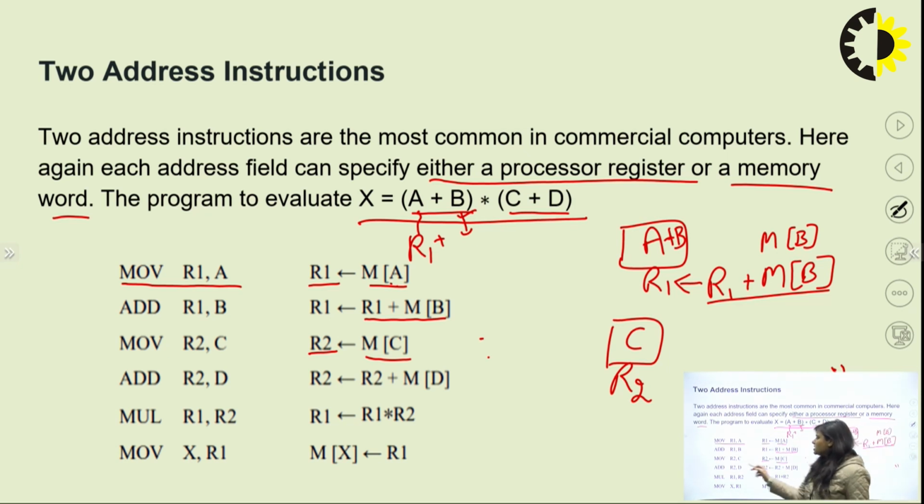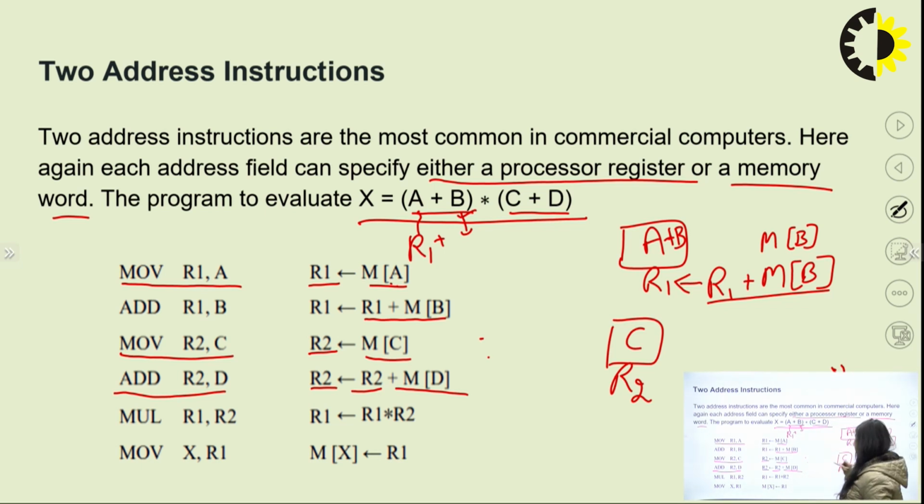So this operation is MOV R2, C, and in the next step we add the content of memory location D to register R2 and put the summation into R2. How do we write it? ADD R2, D. Now we have R1 as A plus B and R2 as C plus D.